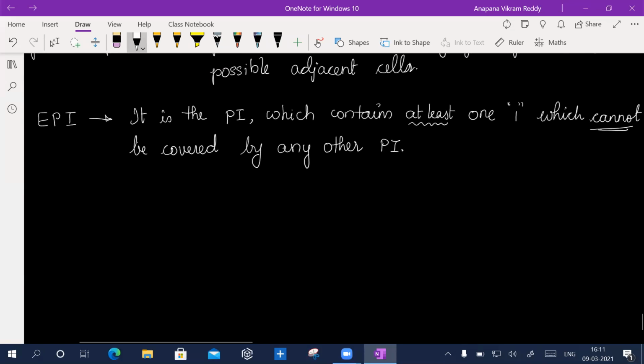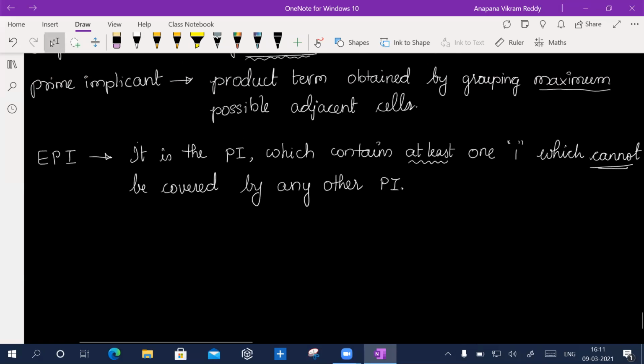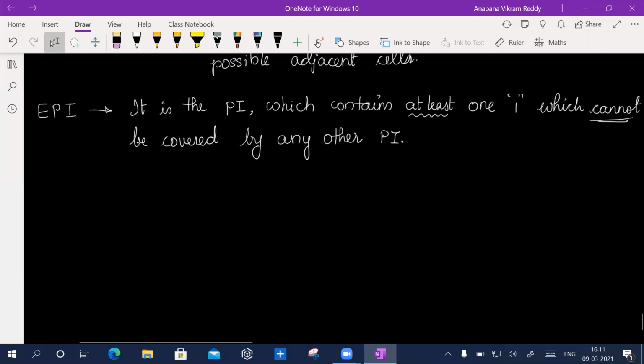The rest of the things are not very important for us, but I can show something. RPI means redundant prime implicant. You can take this down like this.